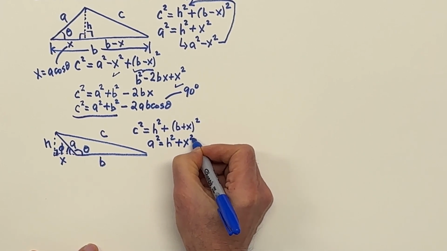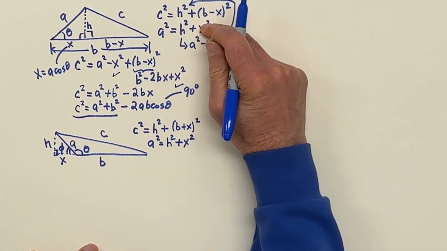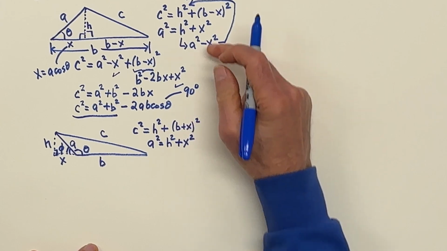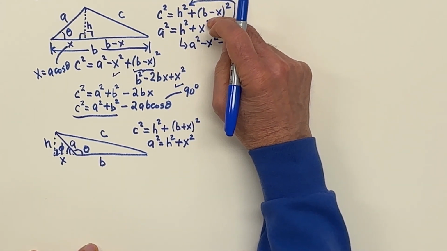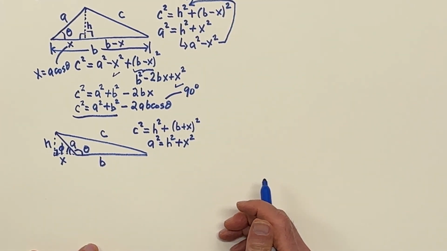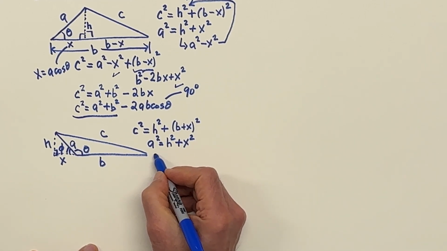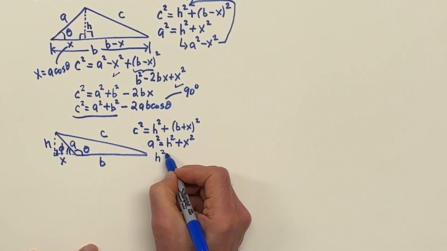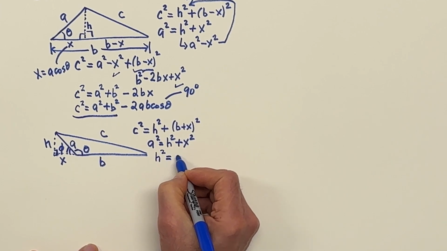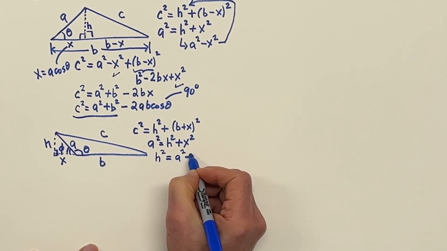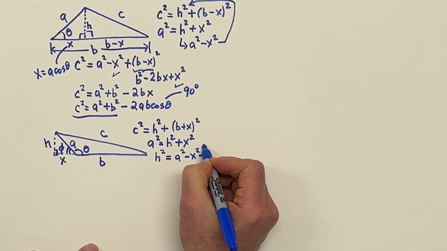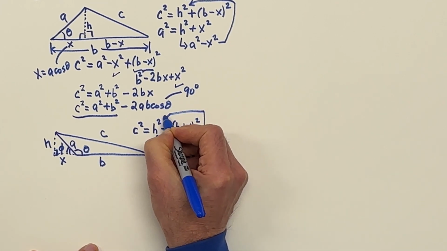And this is kind of cool that this is the same formula we had there, and this one is the same as that one, except that there's a minus sign in front of the x. So we're going to do the same thing here. We're going to take this one to solve for the h squared and get a squared minus x squared, and then we're going to substitute that in for the h.